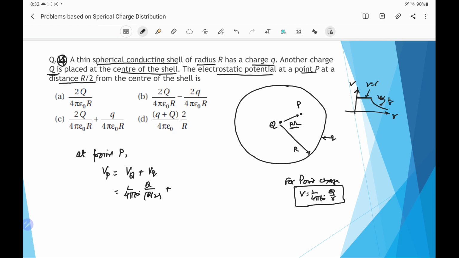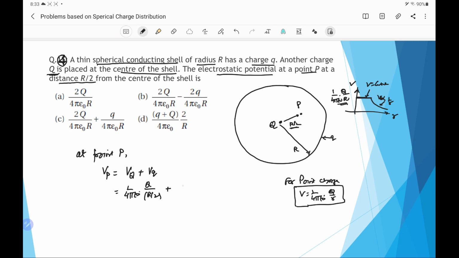Here V is constant, and this constant value is 1 by 4 pi epsilon naught q by radius of the shell. So the potential inside the spherical shell will be equal to the potential at the surface.